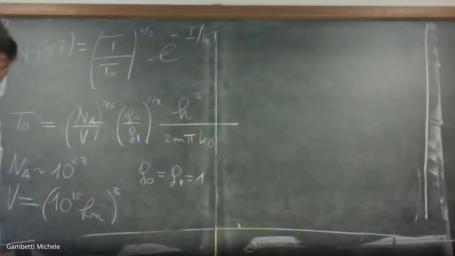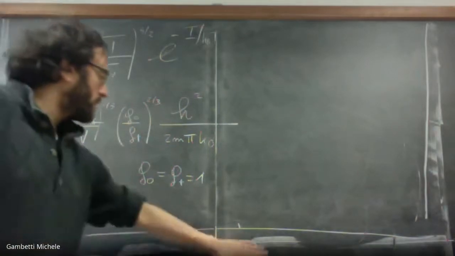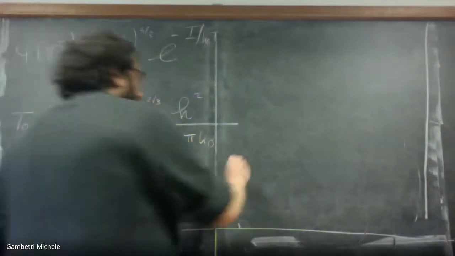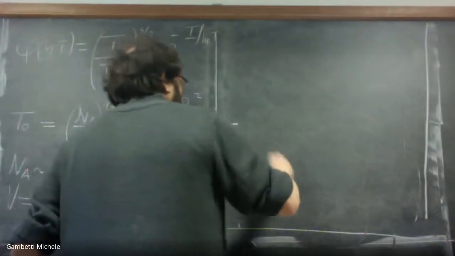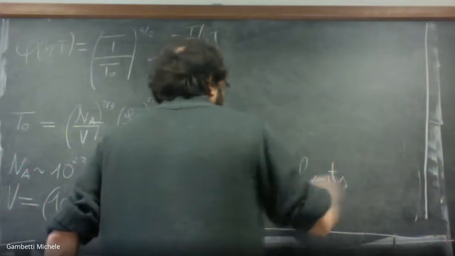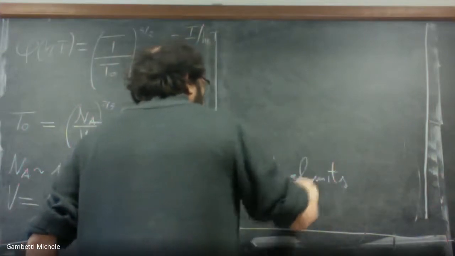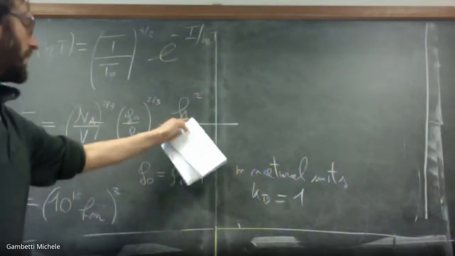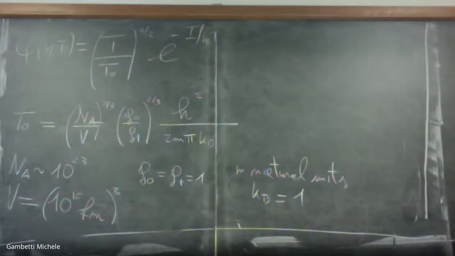And yeah, so let's work in natural units, because I'm mostly used to working in natural units. So the Boltzmann constant kB is 1. Of course, also h bar is 1.